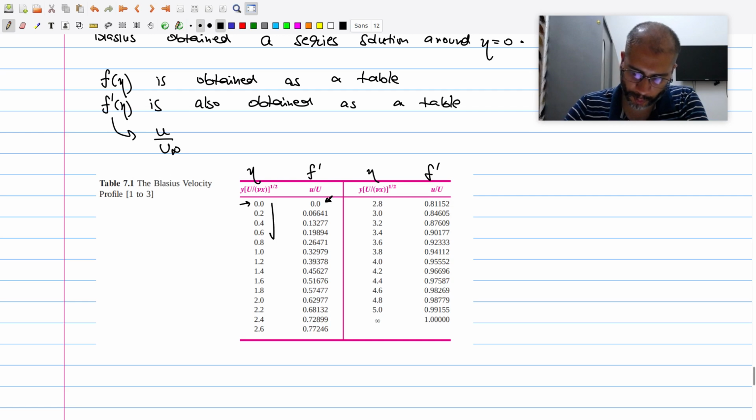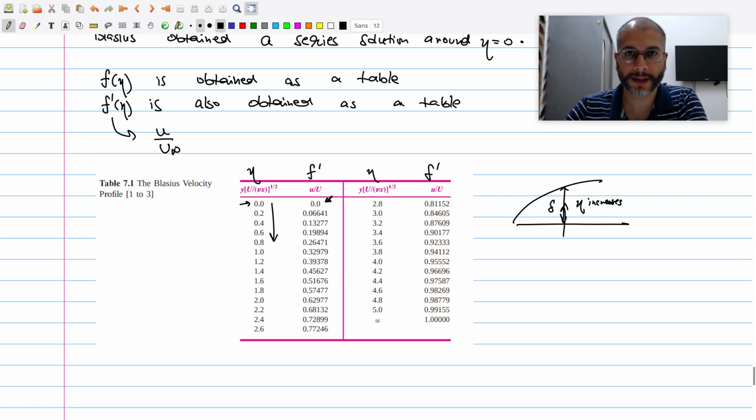And as we move up, okay, increasing eta values are basically, for a fixed x value, moving up along the y direction. So the eta increases, and you can see that f prime values also increase. And if you are interested in finding the size of the boundary layer delta, remember delta was defined in such a way that u upon u infinity becomes 99%, so that is 0.99.